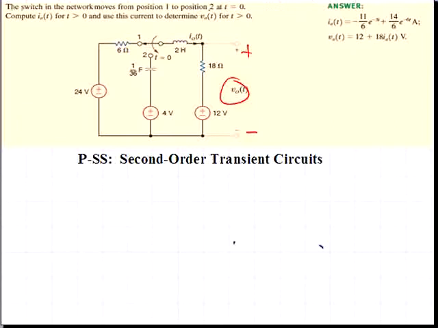The switch operates from position 1 to position 2 at time equals 0. So we might first determine the initial conditions for the inductor and the capacitor.